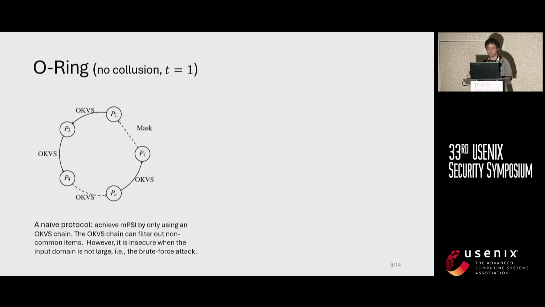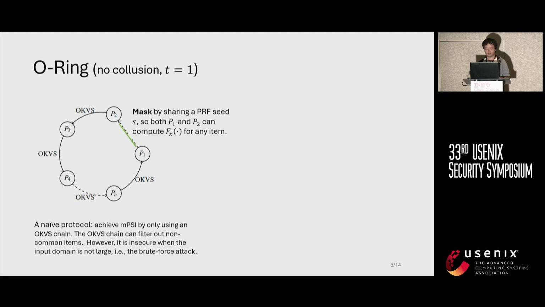So here, we exploit the OKVS chain to give a very naive design of mPSI. P1 just does masking with P2, and the mask is done by sharing a PRF key. So both P1 and P2 will compute a common PRF value if their items are common, okay?